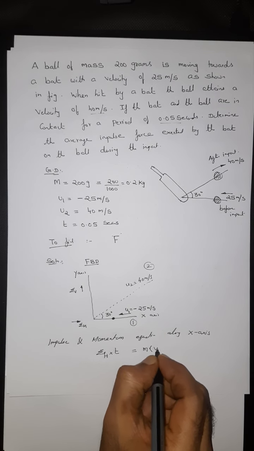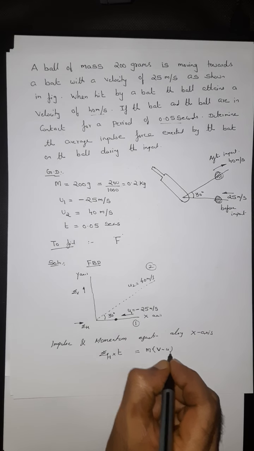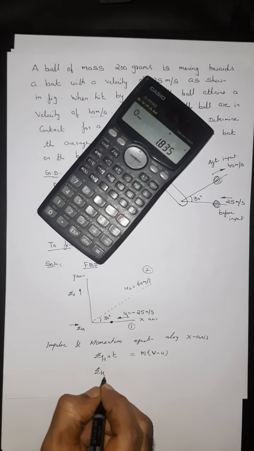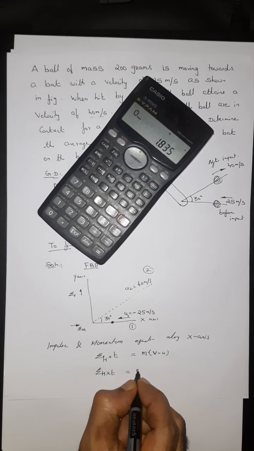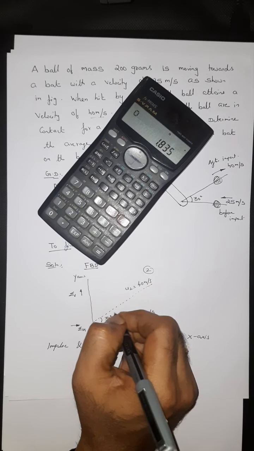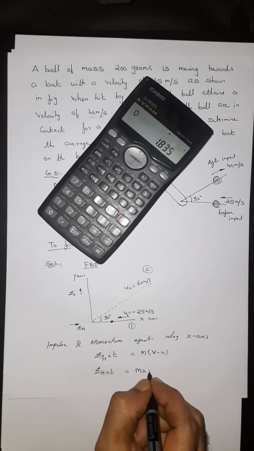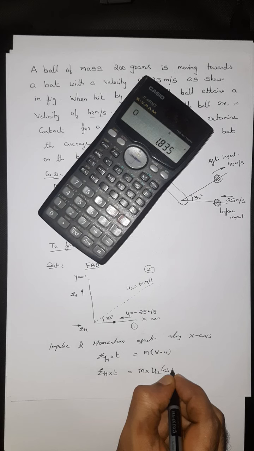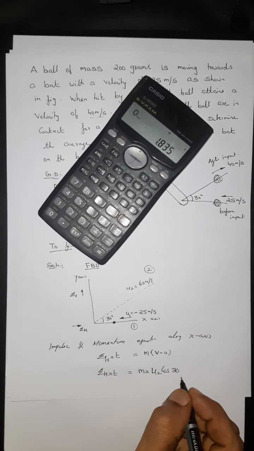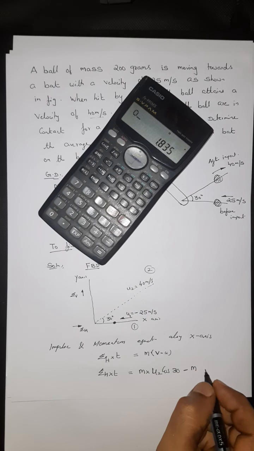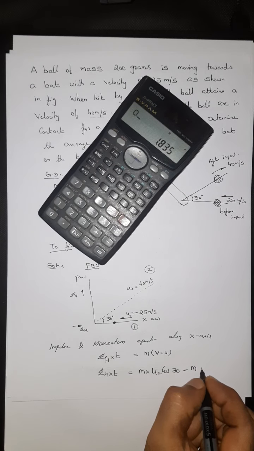So let me just write the formula then. Summation H into t equal to mass of ball into final velocity, but it is with some inclination, so u2 cos 30, minus m into initial velocity, which is u1.